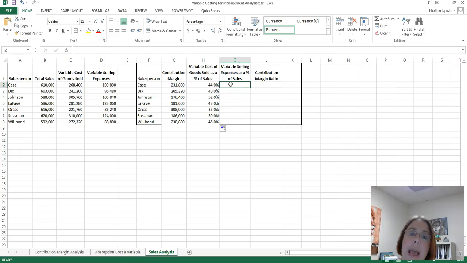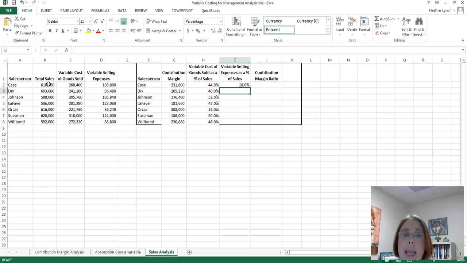Now we want to look at their variable selling expenses as a percentage of sales. So what we do on this one, similar to what we did at cost of goods sold, we look at the variable selling expenses and we divide that by the total sales. And it puts it in a percentage.